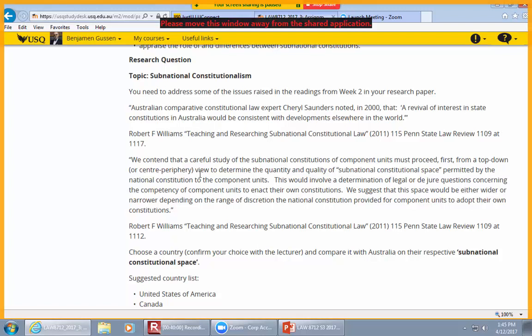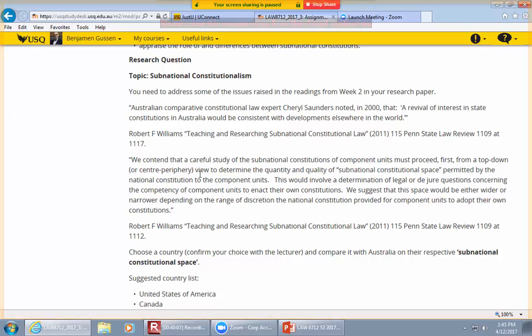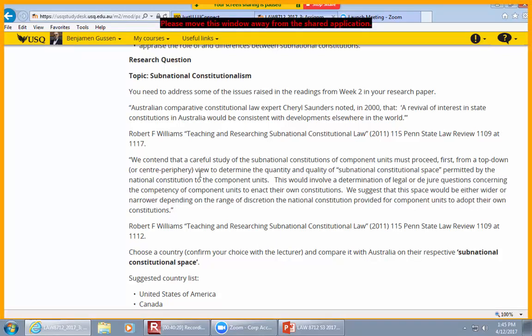But if you talk about subnational constitutions, they are not seen as important, at least, as the scholarship that comes on the national level. But the other problem with subnational constitutionalism is that it almost inevitably, at least in my opinion, leads to this cursed word of secession.